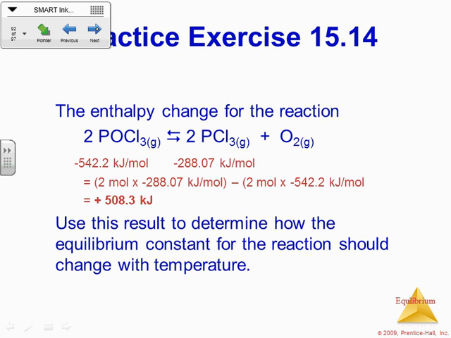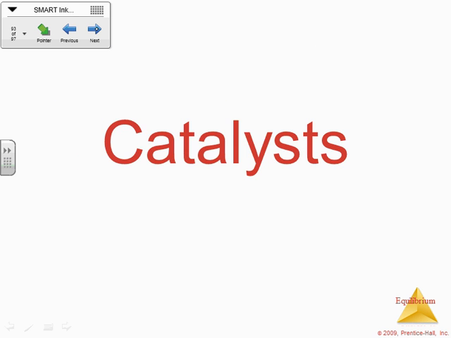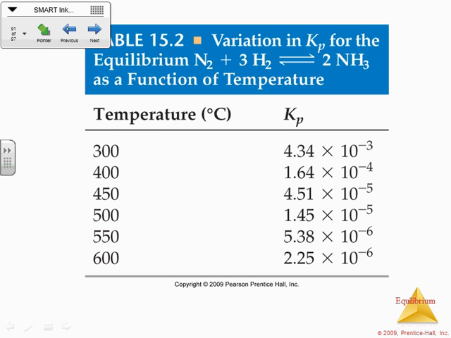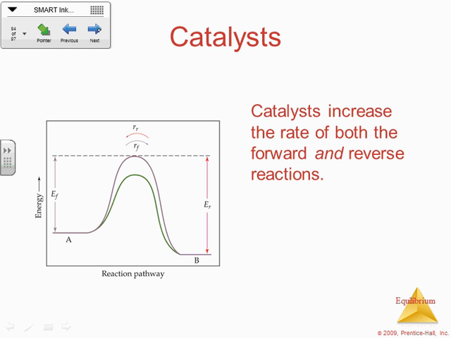The only other thing I think I need to talk about... Oh, wait. This is the last section, so we need to talk about catalysts also. Forgot about that. Catalysts are going to increase the rate of forward and reverse reactions. Okay? So what you need to know about catalysts is that they help you get to equilibrium faster, but they don't affect the position of the equilibrium. Okay?